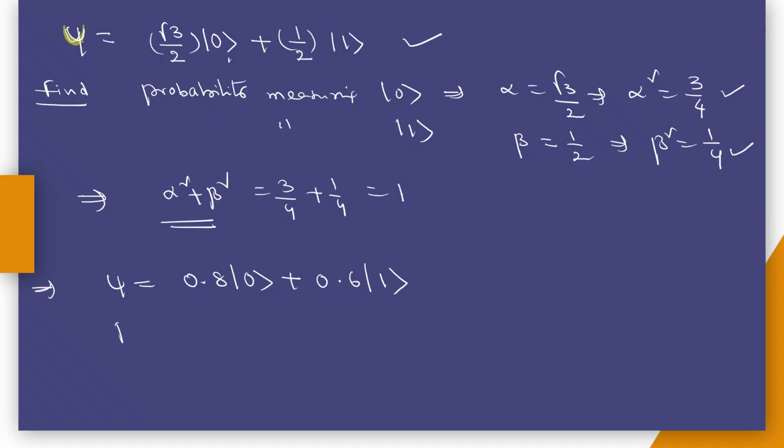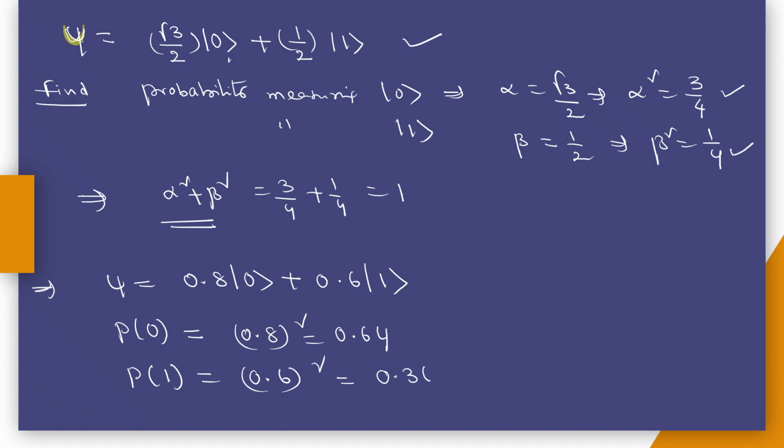So the probability of state 0 is equivalent to 0.8 whole squared, which is 0.64, and the probability of state 1 is equivalent to 0.6 whole squared, because this is the amplitude. So amplitude squared is nothing but the probability, which is 0.36. The sum of these two, 0.64 plus 0.36, must be equivalent to 1. So this state is a normalized state.